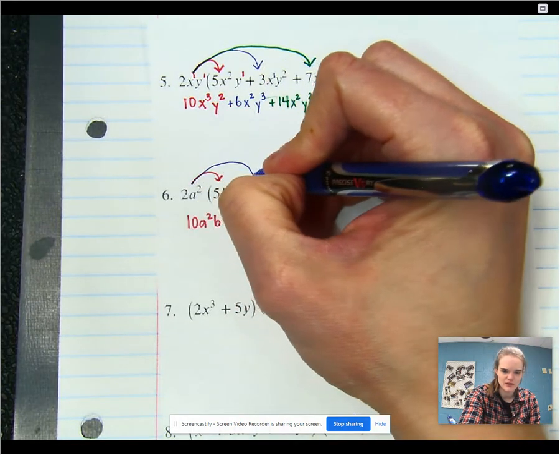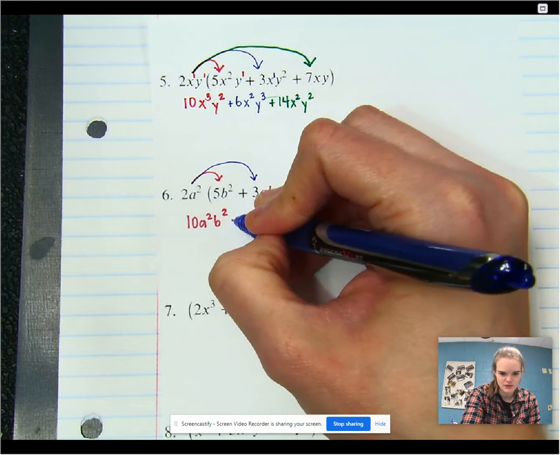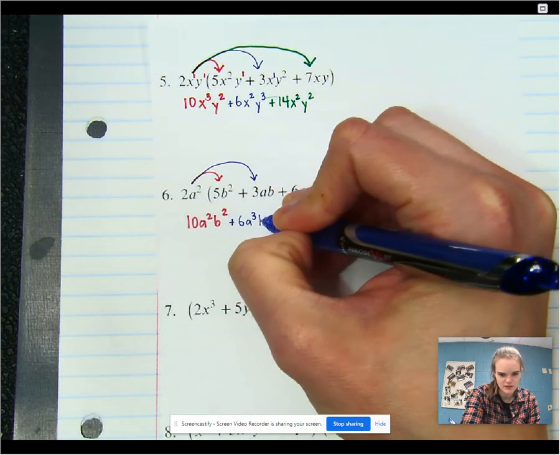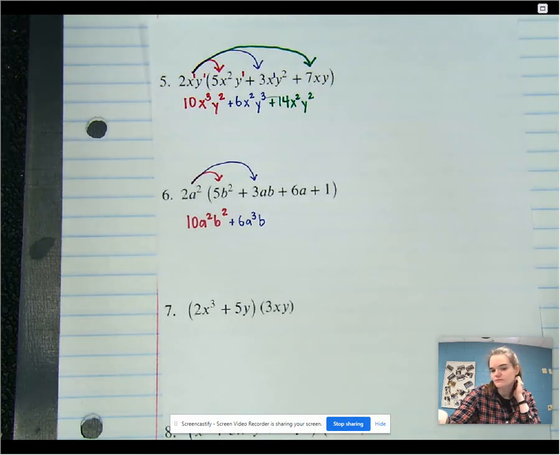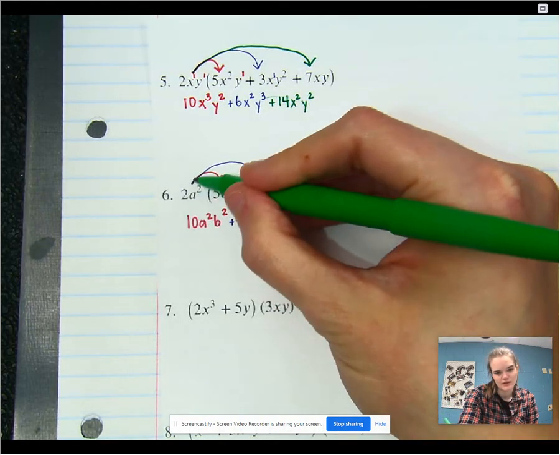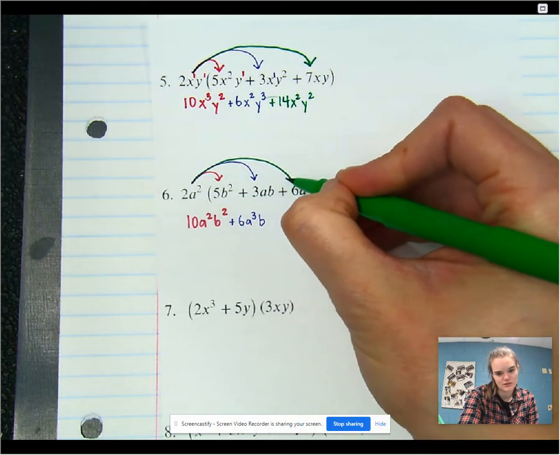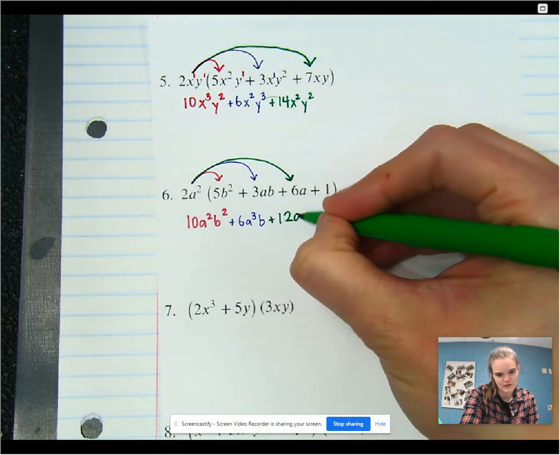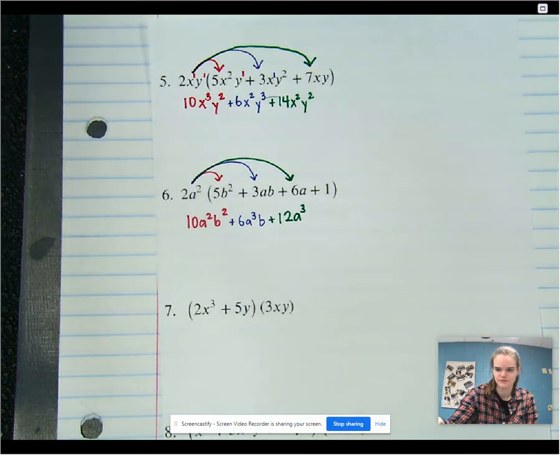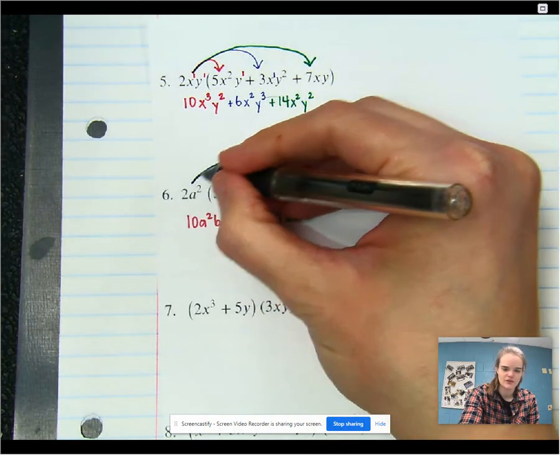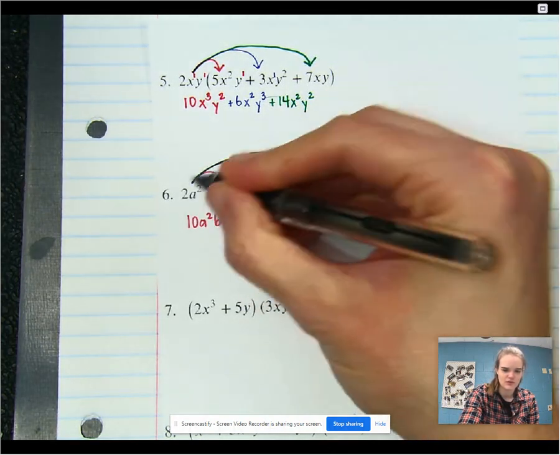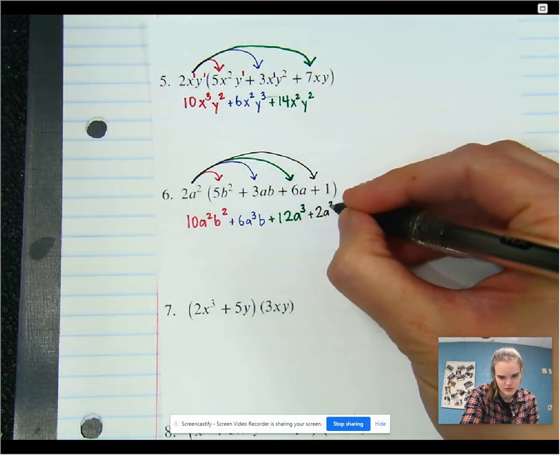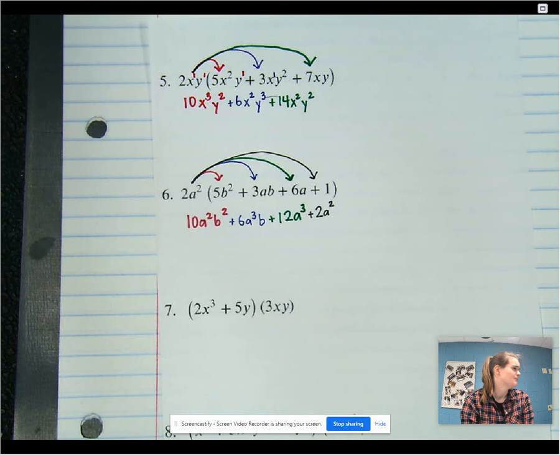A squared times 3AB is 6A to the third, B. Okay, then distribute this one as well. 2 times 6 is 12, A to the third power. And last, 2A squared times 1 is 2A squared. There you go.